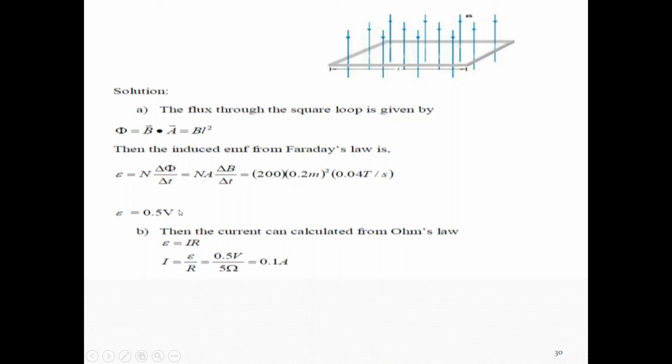Finally, the induced EMF due to this 200 turns of square coil of side 0.2 meter facing this magnetic field will be equal to 0.5 volt. That is the first result.